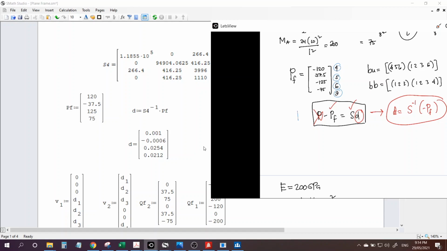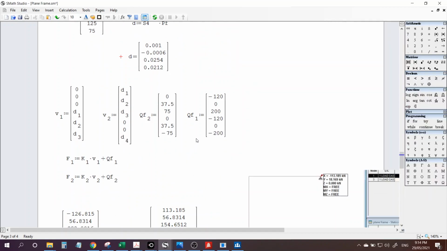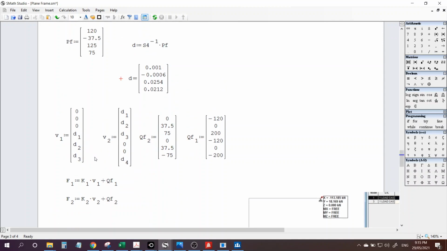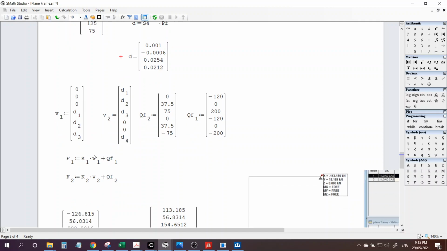Okay, next, these are the displacements. Now set up the displacement vector for each member.